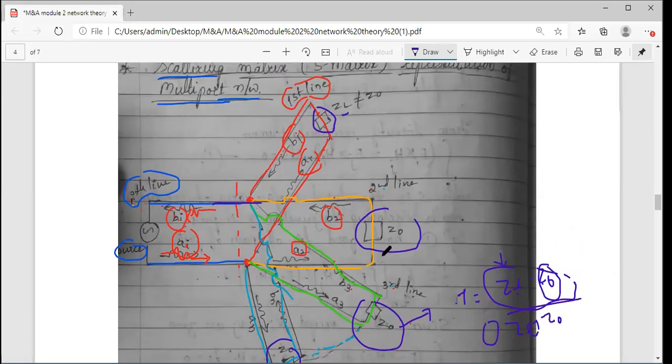So for this multi-port network which we have considered, the first line is not terminated in the characteristic impedance, but all other lines have the load terminated in characteristic impedance Z0.